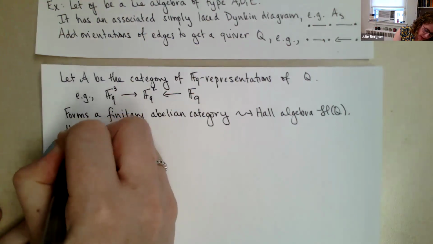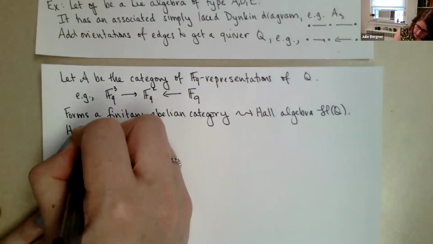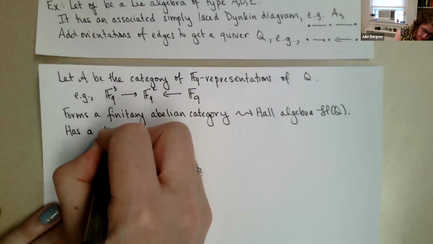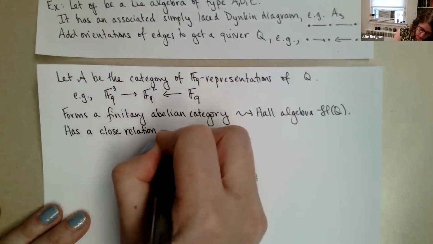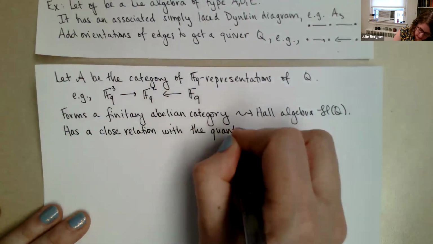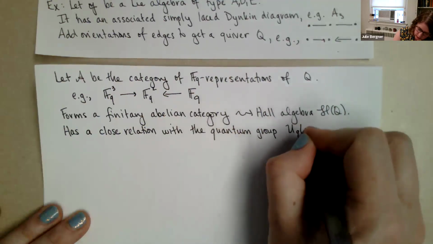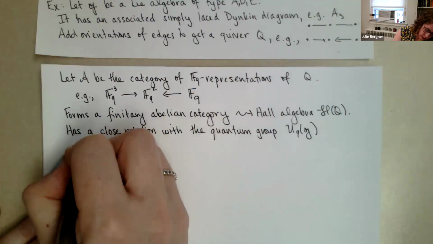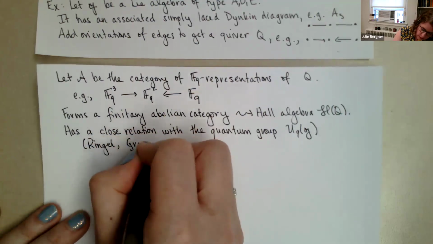But why people care about this, and why this became very popular starting in the 90s, is that this has a close relationship with the quantum group associated to that Lie algebra, U_q(g). And this is the work of Ringel and Green.